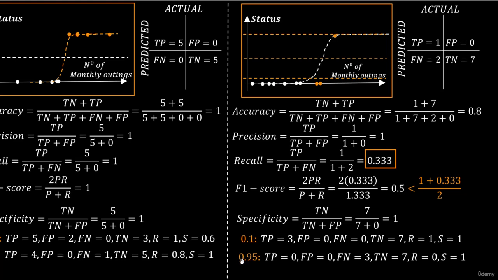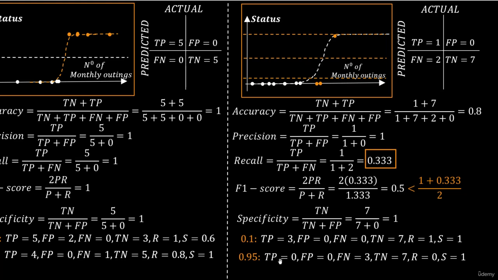Now let's consider that our threshold goes to 0.95 instead of 0.5. So we move to 0.95, and what's interesting to note here is our model, that is all values from this point where this line meets our model, suppose it meets at this point, all values from here to the left are considered to be of status 0. So once the number of monthly outings is below this threshold, we consider that you are going to have the virus.